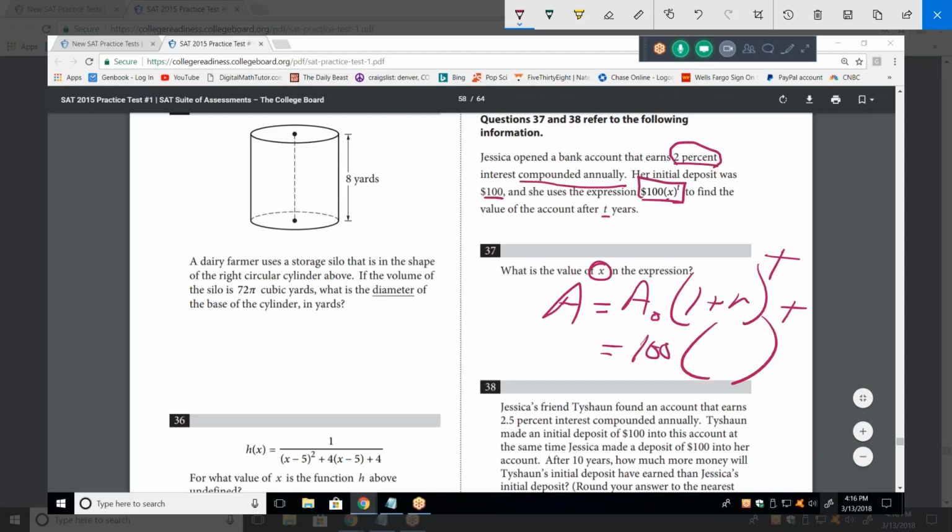They want to know what is x. Well, we can see that 1 plus r is x. And they've told us r, so what is x? It's 1.02. It's 1 plus r. In other words, it's 1 plus 0.02, which is 1.02. So that's 1.02.